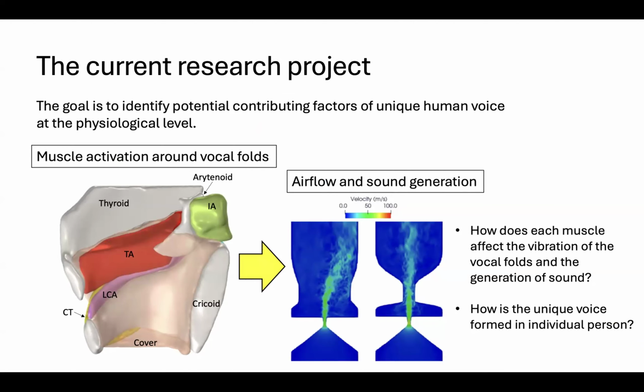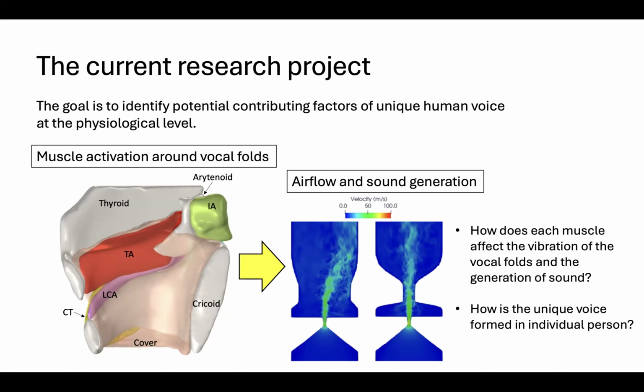As you can see in the left picture, there are many muscle fibers related to forming the vocal folds in our throat. By considering the muscle fiber contractions around the vocal folds, we try to clarify how each muscle affects the vibration of the vocal folds and the sound generation of individual voices.